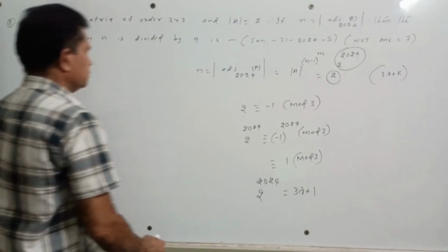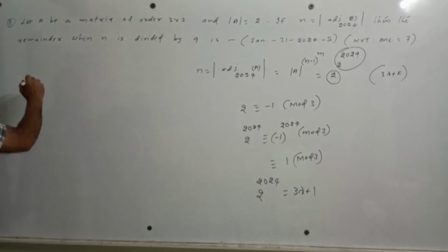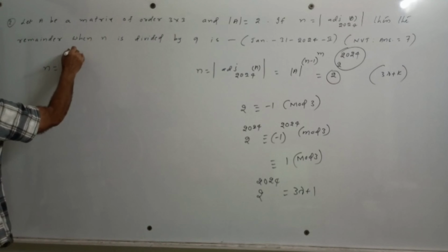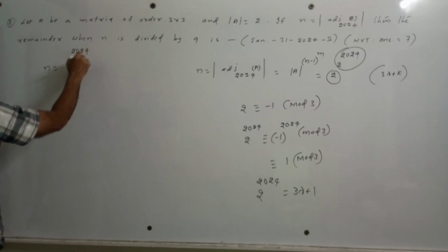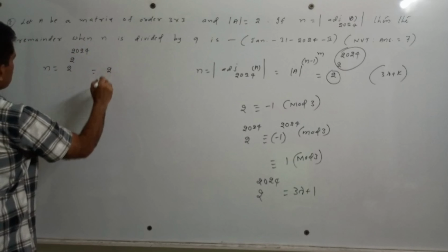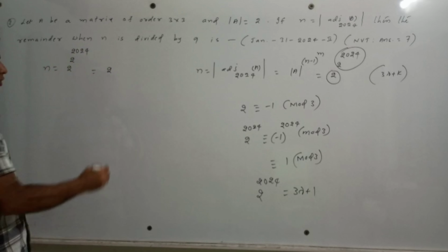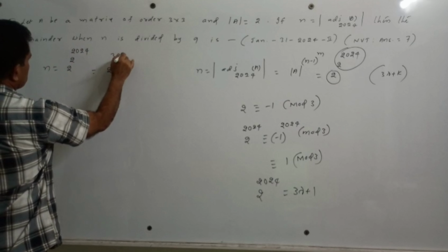Now let us consider the n value. n is equal to 2 to the power of 2 power 2024. That is 2 to the power of 2024, and that exponent can be written as 3 lambda plus 1.